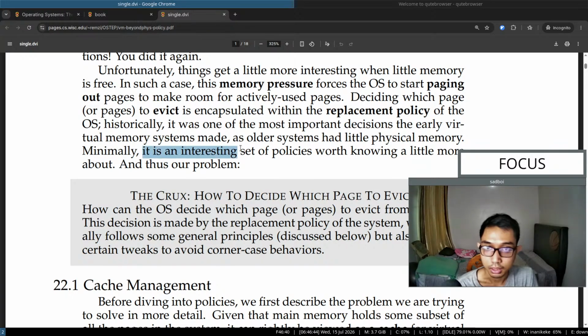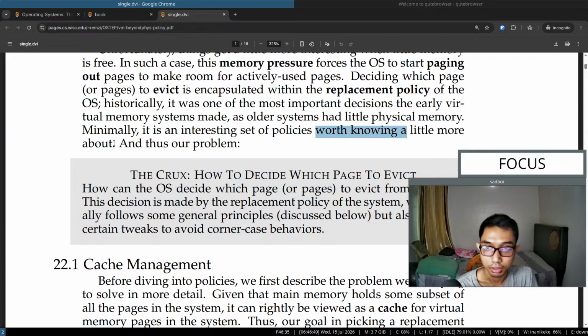Minimally, it is an interesting set of policies worth knowing a little more about.